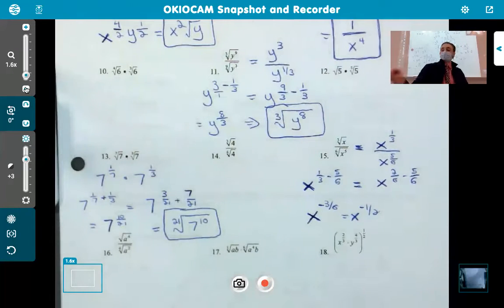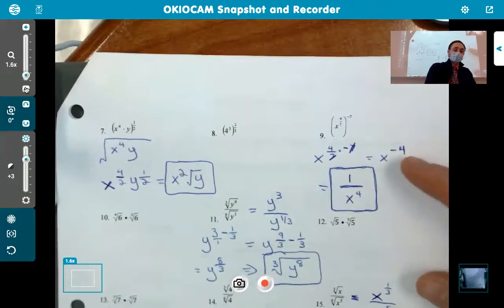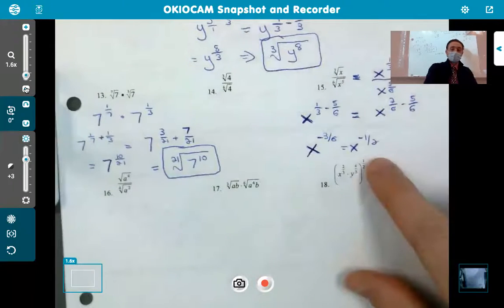I'll let everybody write that down before I make my point off of this. Everybody up to speed? Everybody good? So the reason that we take a look at something like number 9 from before, remember we had a negative exponent here, we write it as 1 over whatever that term was, right?